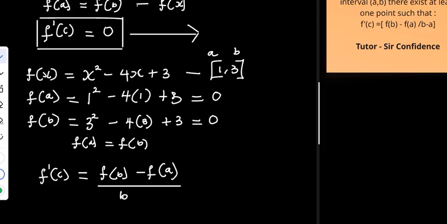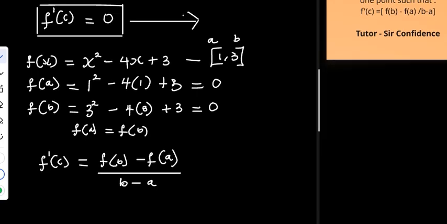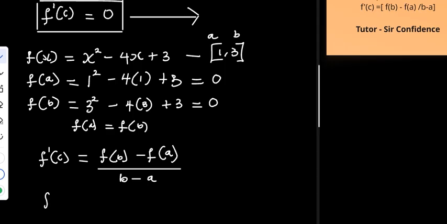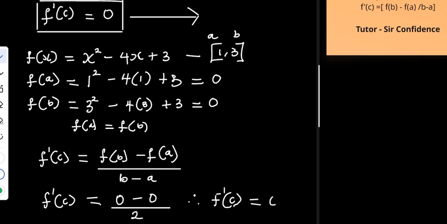In this problem, f of b is 0, f of a is also 0, and b minus a is 3 minus 1, that is 2. So at the end of the day, we still result to 0.